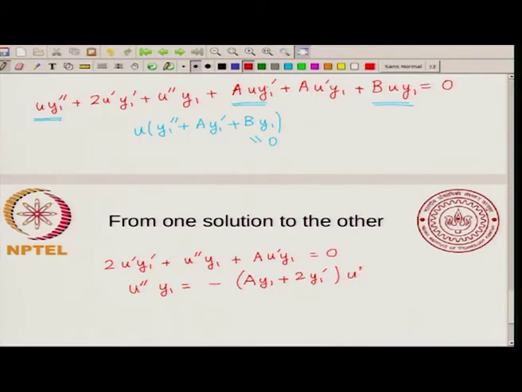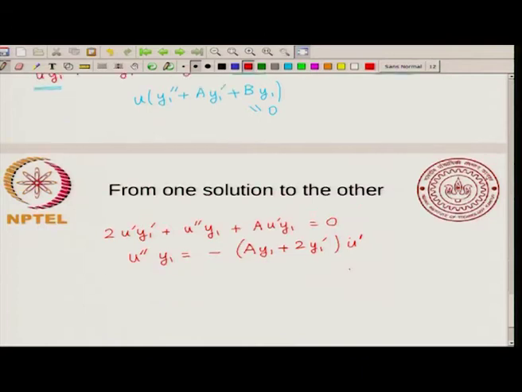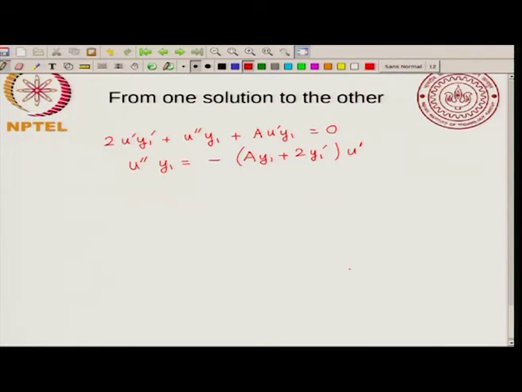Okay. So what I can do is I can bring the u double prime to the left hand side. I will say let capital U be equal to u prime. I will just call it capital U, and the reason will become obvious, because now capital U prime is equal to u double prime.